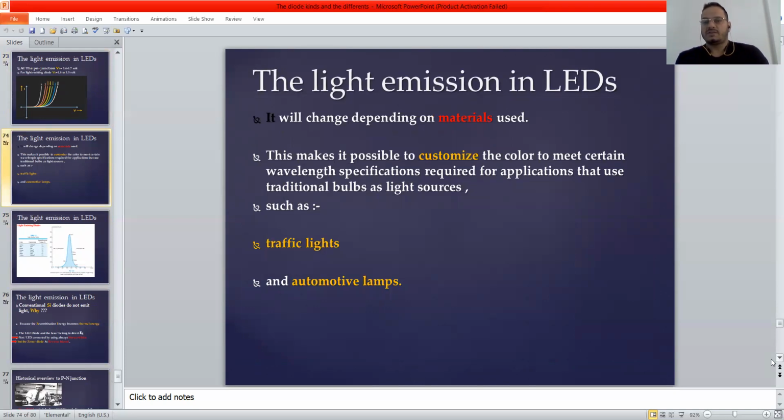Like I said before, we can generate many different colors, but depending on which material we are dealing with, this makes it possible to customize the color to make certain wavelength specifications required for applications that use traditional bulbs as light source, traffic, automotive lamps.